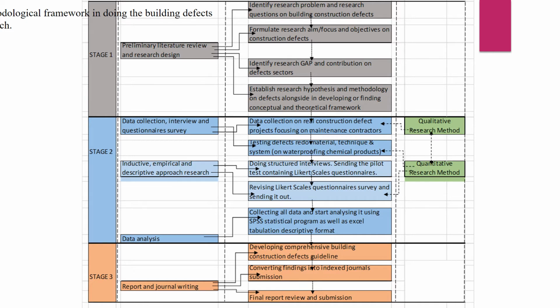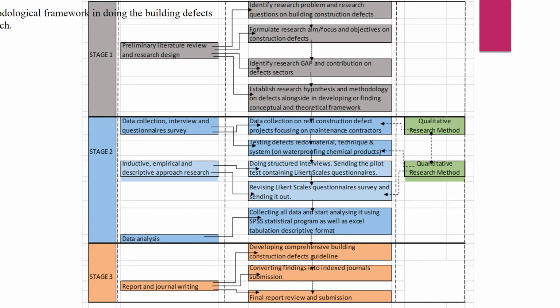Now, this is also a sort of framework. I call it a methodological framework for doing building defects research. After going through the literature research, from readings in construction, management, building defects, and building waterproofing journals and so on, I formulated this flow chart.